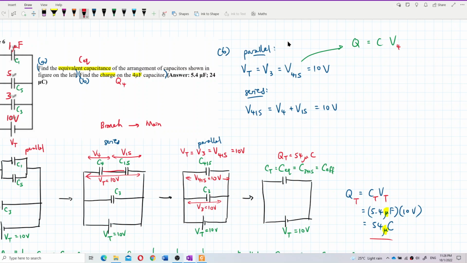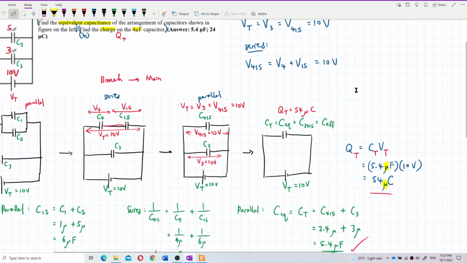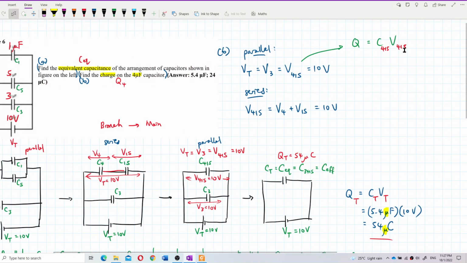Since I know V415, and I already have C415, 2.4 microfarad, and V415, 10 volts, I can find Q415.